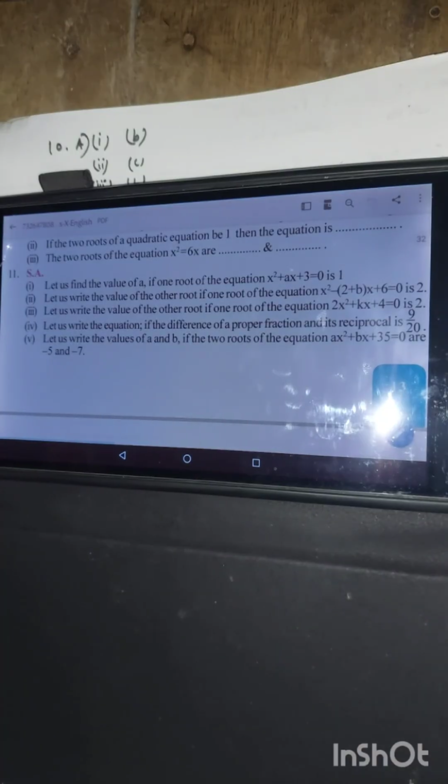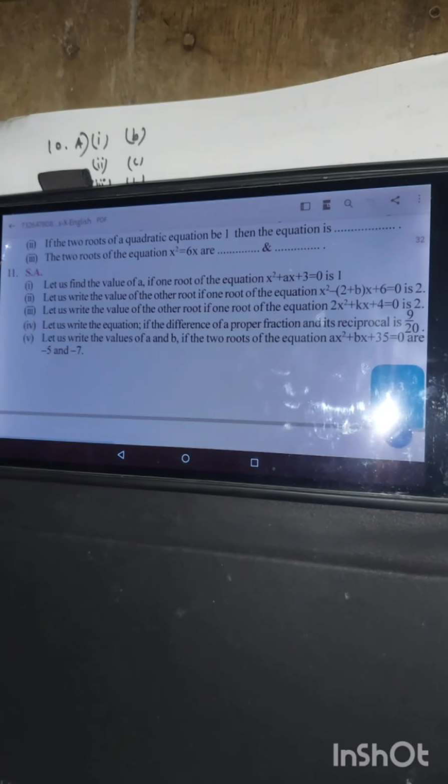Now let us proceed to Roman 2. Let us write the value of the other root if one root of the equation x square minus 2 plus bx plus 6 equal to 0 is 2.